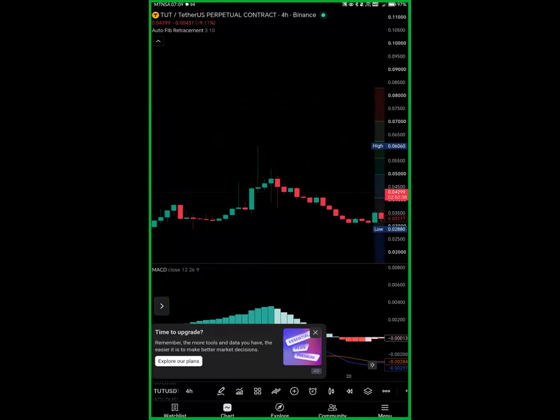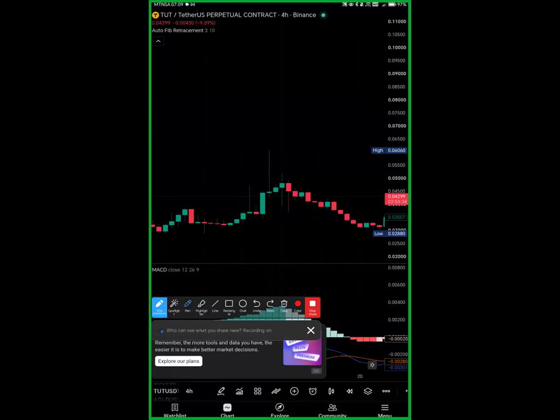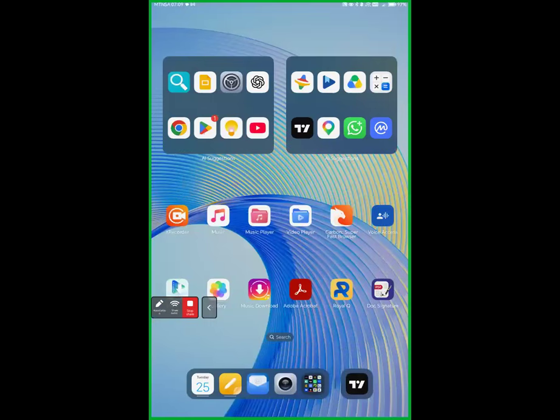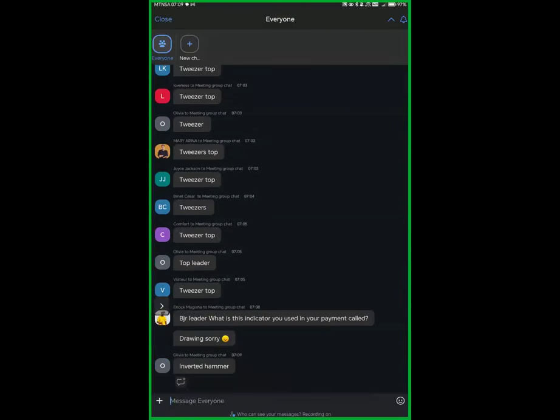What is the name of this candle here? Let me come back to Zoom. What is the name of that candle?